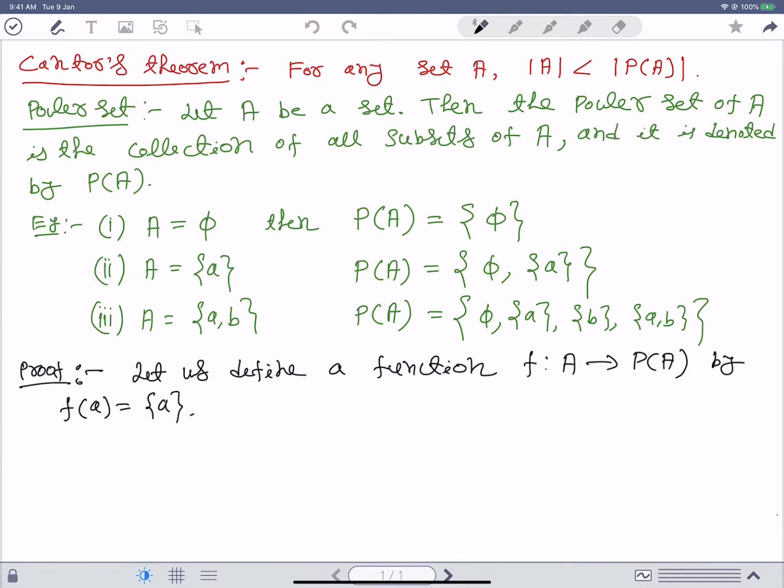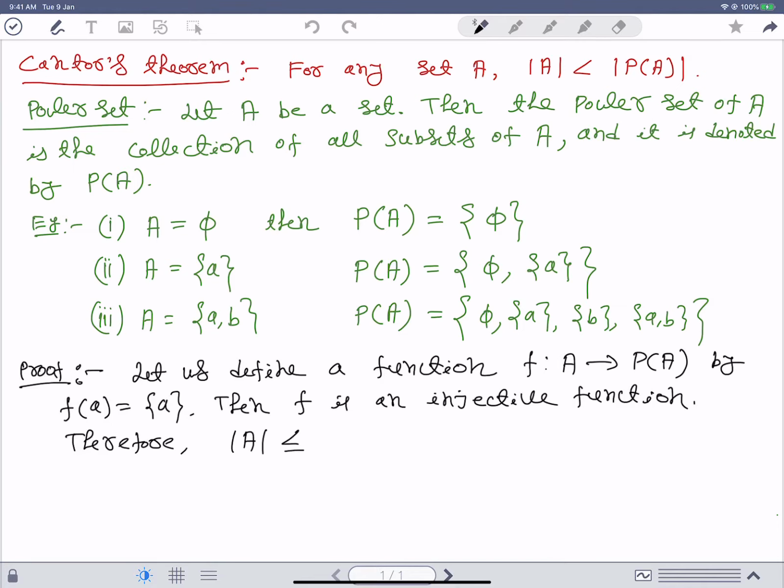Then it is easy to see that f is an injective function, right? So therefore the cardinality of A is less than or equal to the cardinality of the set P(A).